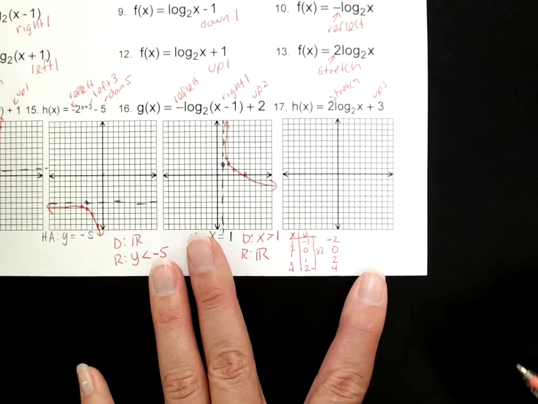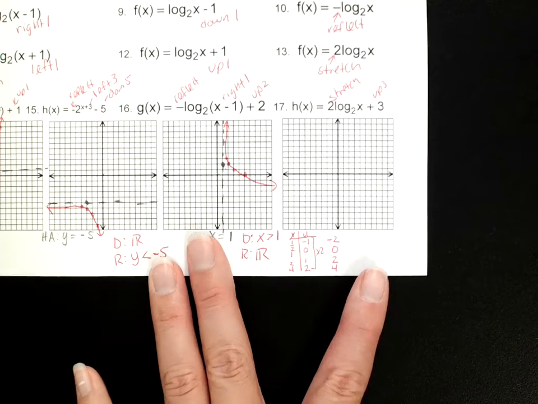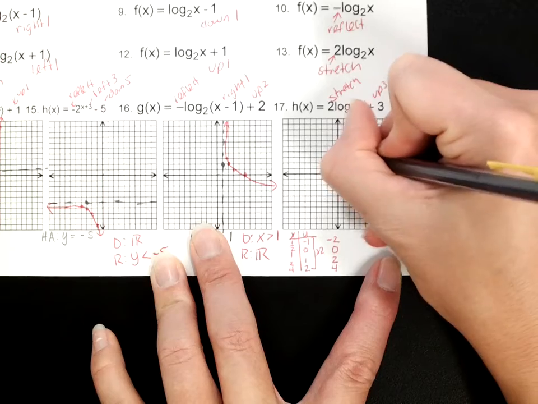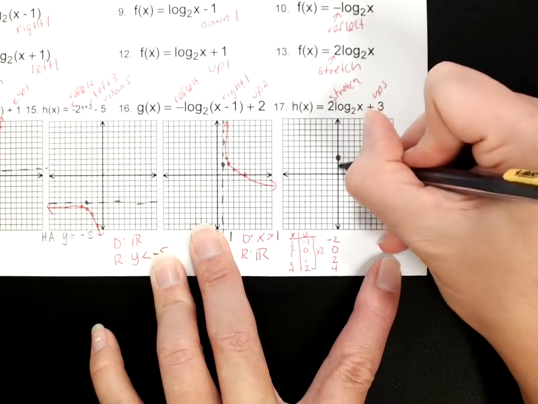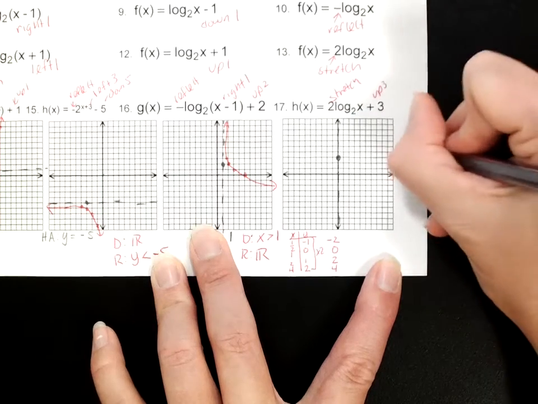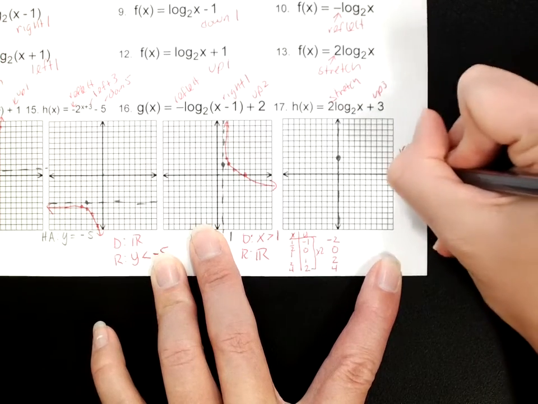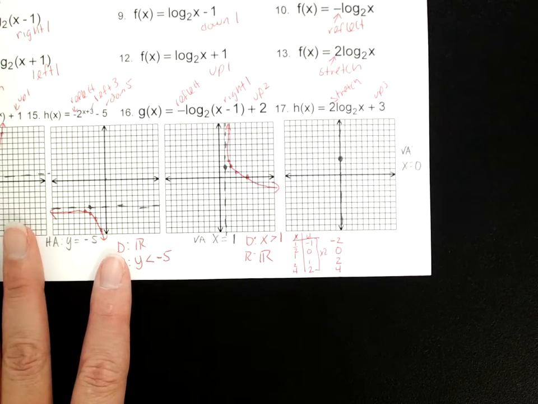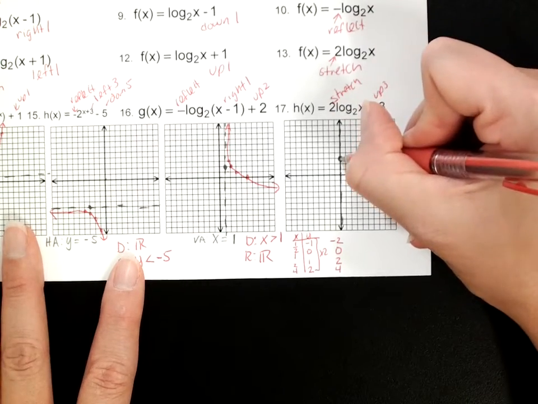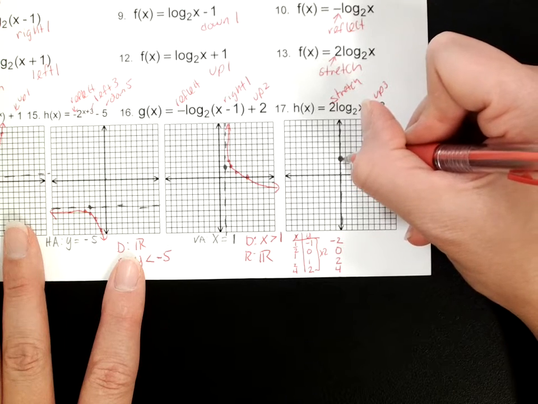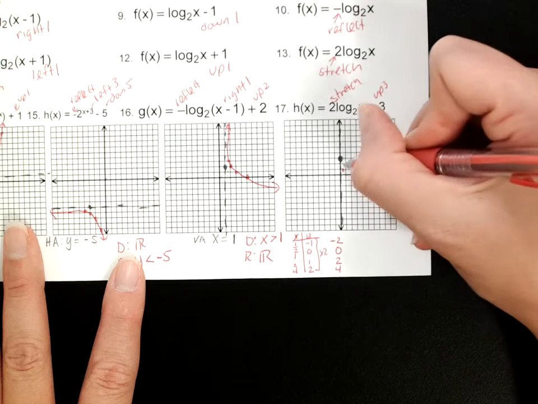Doubling those values. Again, first thing I want to do is find my new 0, 0. If I move it up 3, 1, 2, 3, put a dot there, that's where my vertical asymptote is, which is still going to be at x equals 0. From there, I can plot my new points. Here's my new 0, 0. Usually I'm at 1/2, -1. This time I'm at 1/2, -2.